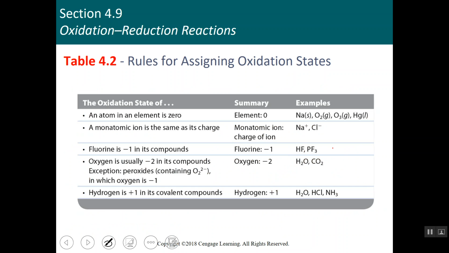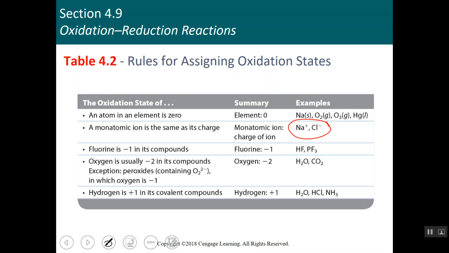An atom in an element is 0. So anytime something is in its elemental state, the oxidation state is 0. A monatomic ion is the same as its charge, so it gives examples here of sodium and chloride. Sodium is a +1, chloride's a -1. Fluorine is -1 in its compounds, so that's just a general rule.